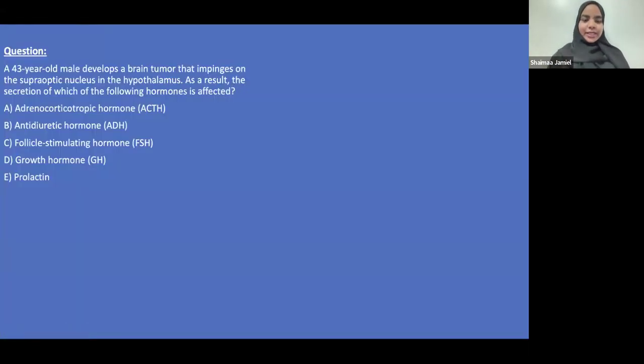So the next question is: a 43-year-old male develops a brain tumor that impinges on the supraoptic nucleus in the hypothalamus. As a result, the secretion of which of the following hormones is affected? E, prolactin, B, ADH.